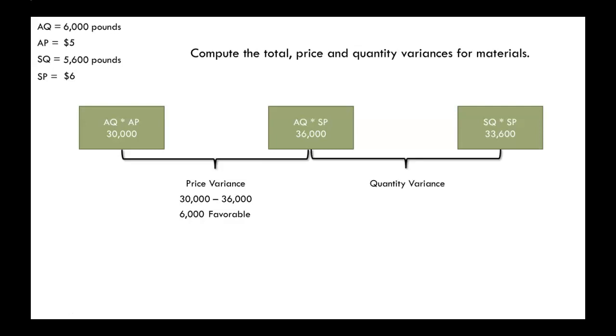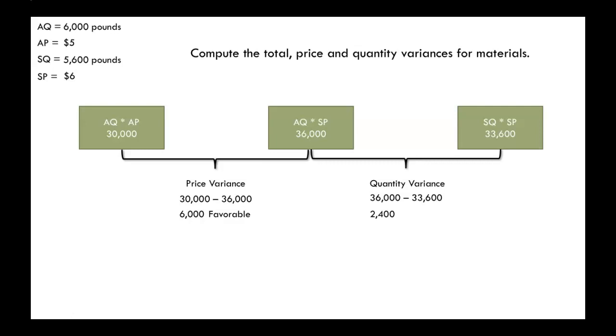Now we take a look over on the other side for our quantity variance. If we take the 36,000 minus 33,600, we end up with 2,400. So we need to think, is this favorable or unfavorable?